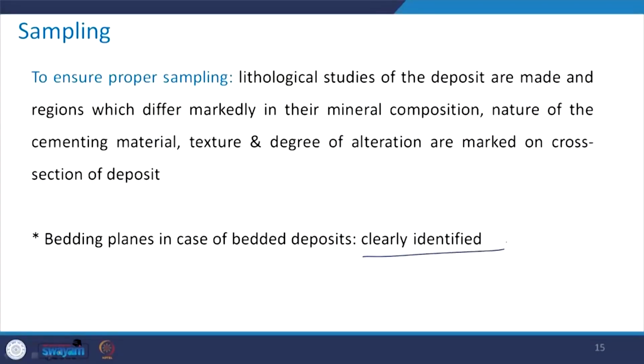Wherever you see that kind of change, that is marked on the cross section of the deposit. In the case of a bedded deposit where you have these bedding planes, this has to be clearly identified.